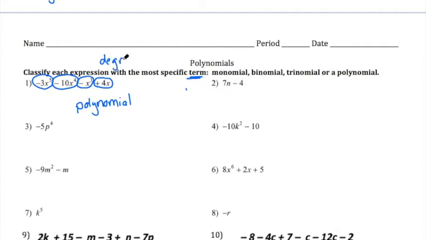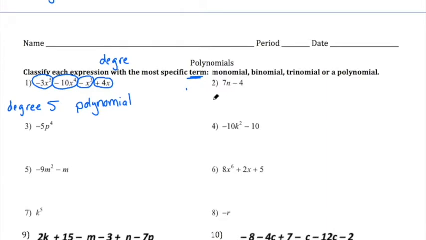The degree is the highest exponent in an expression or equation. So what's the highest degree? This is a degree 5. So we're going to say this is a degree 5 polynomial. Usually we like to put the degree first and then the number of terms second. Okay, great. So we labeled it by a degree and by the number of terms.